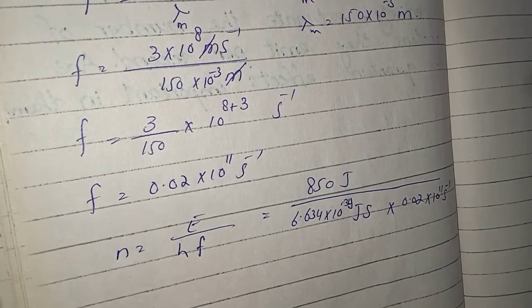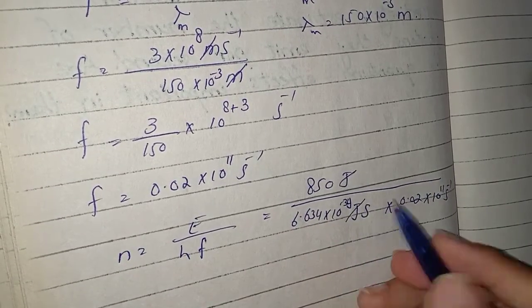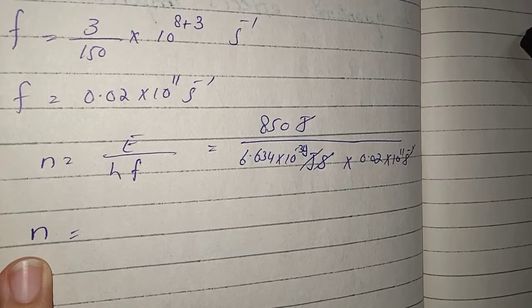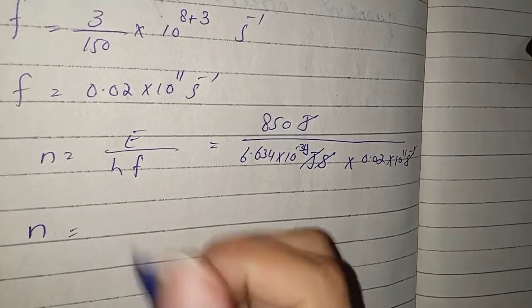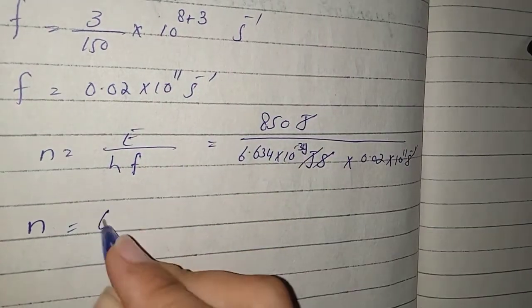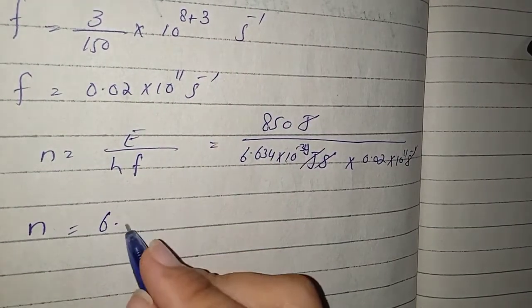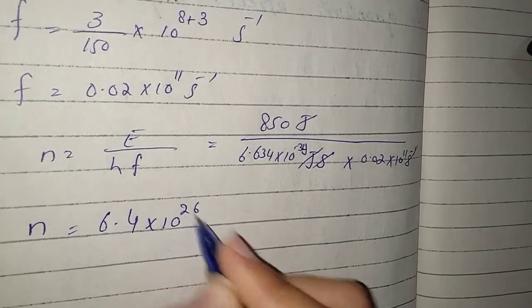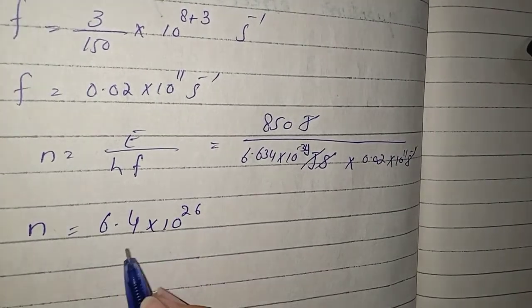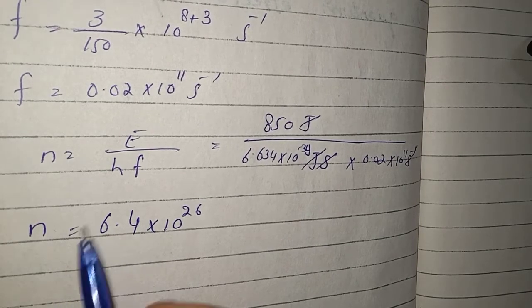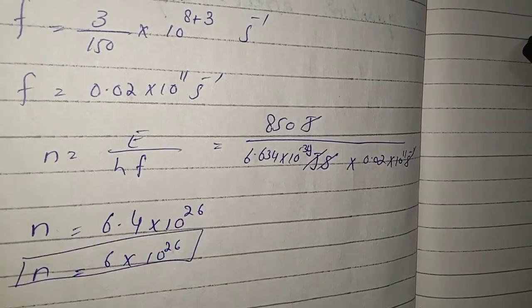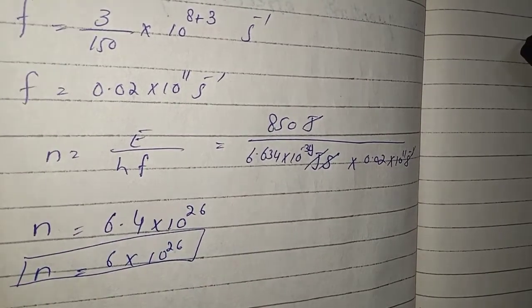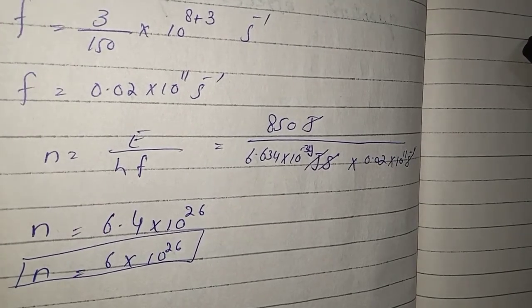As you already see, all the units will be cancelled out, and the number of photons has no unit, so it will be an integral value. After solving these values, I got the number of photons equal to 6.4 into 10 raised to power 26 without any unit. Number of photons should be an integral value, so I'm going to round off this value to 6 into 10 raised to power 26. These are the number of photons emitting from the microwave oven with wavelength 150 millimeter and the energy 850 joule.